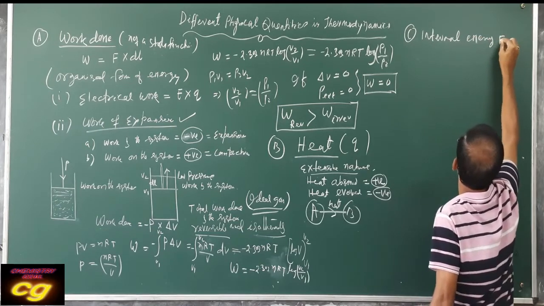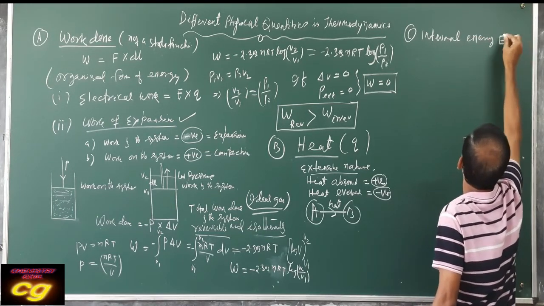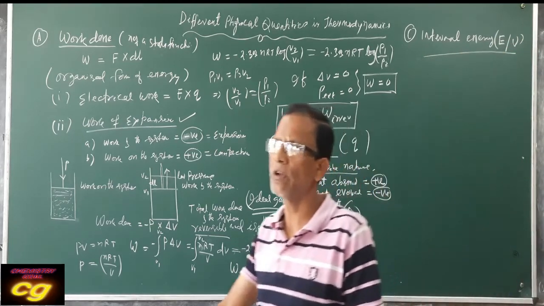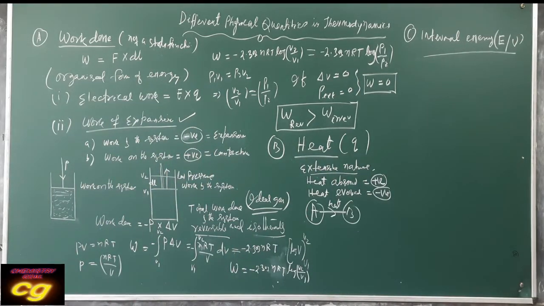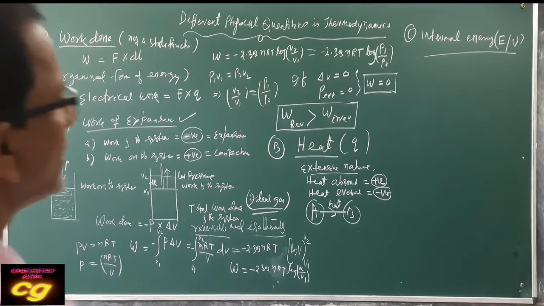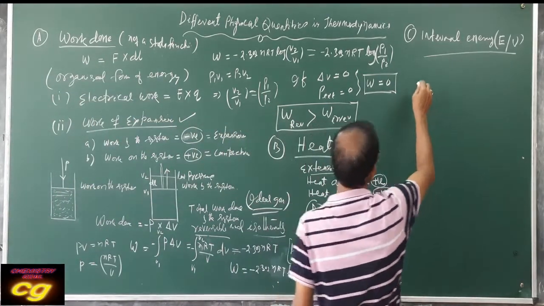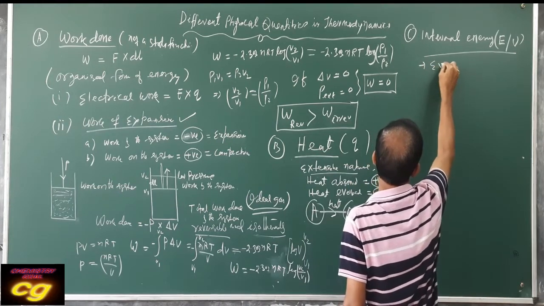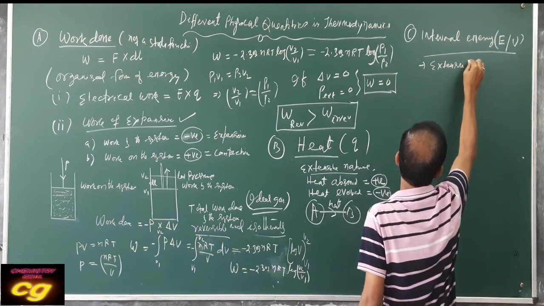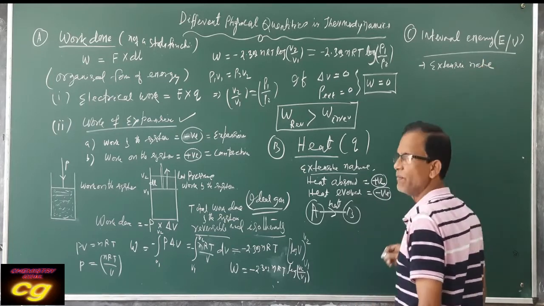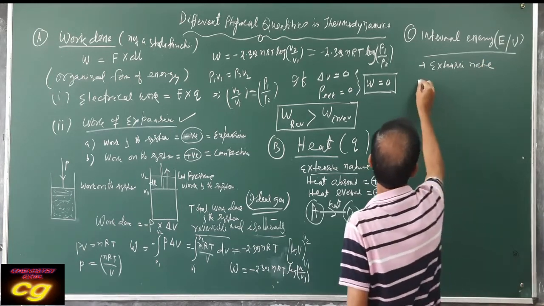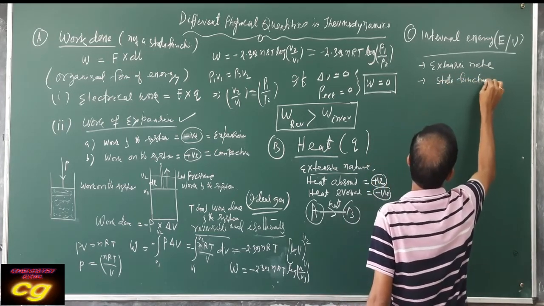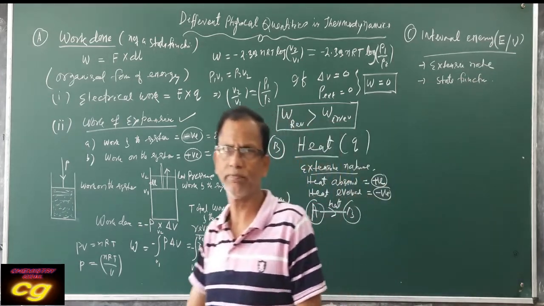Its symbol is E or U. Internal energy is also an extensive property, which means it depends upon the mass, and it is also a state function.